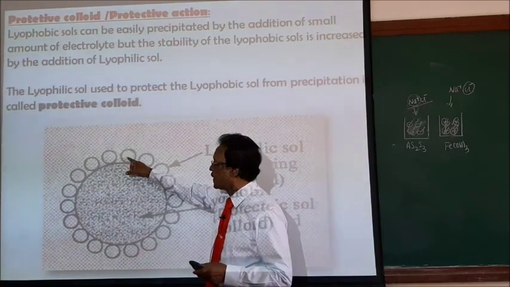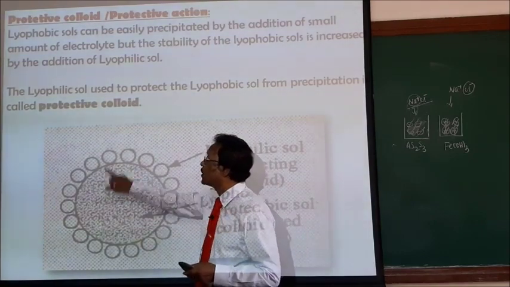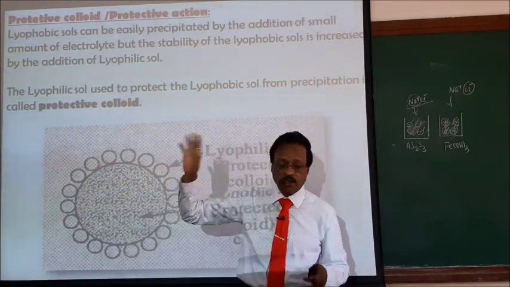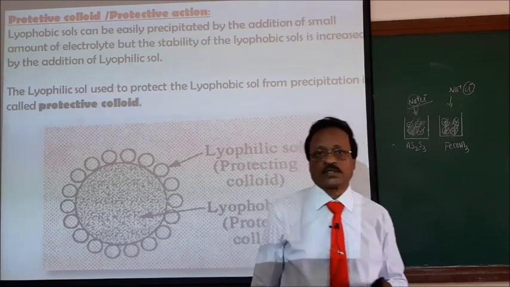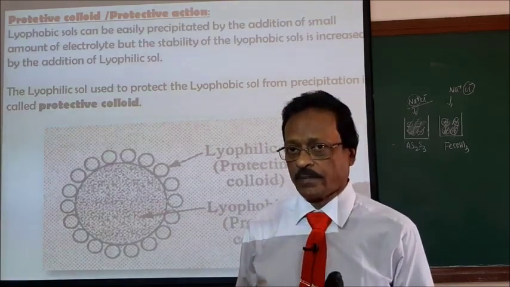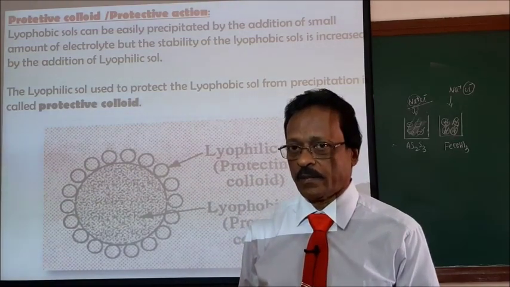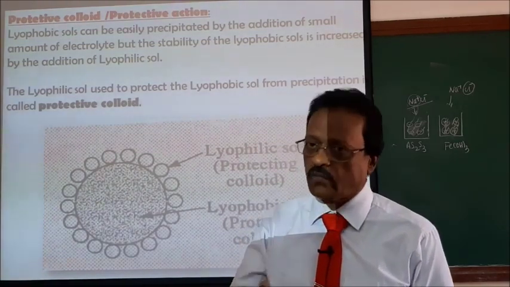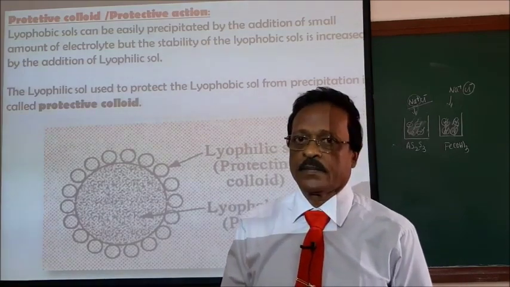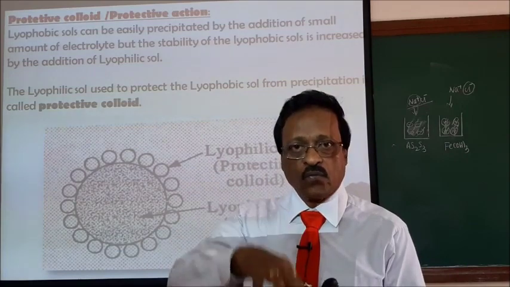This lyophilic colloid is called the protective colloid, and this action is called the protective action. You understood? Lyophilic are more stable, lyophobic are less stable. Your purpose is to make the lyophobic also more stable. How can we make it? By adding a small amount of lyophilic colloid to the lyophobic.